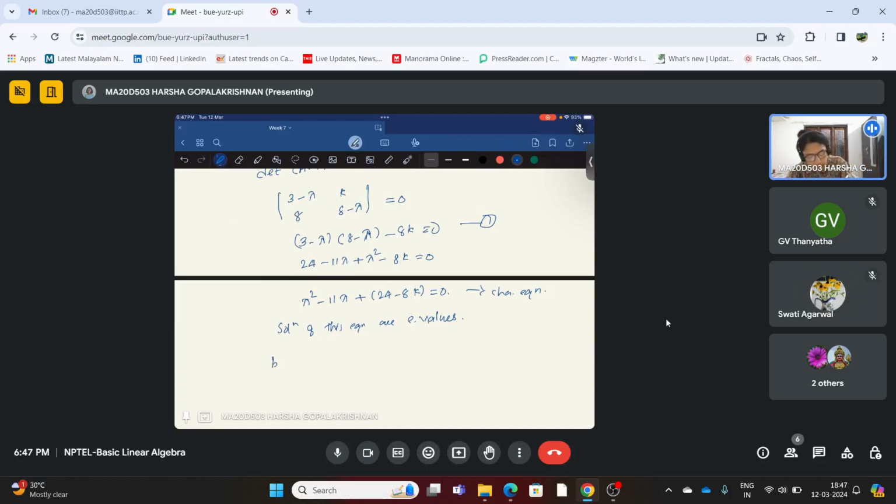So what is b square minus 4ac here? 121 minus 4 into (24 minus 8k) should be greater than 0. So 4 into 24 minus 32k should be less than 121, that is, 96 minus 32k less than 121.